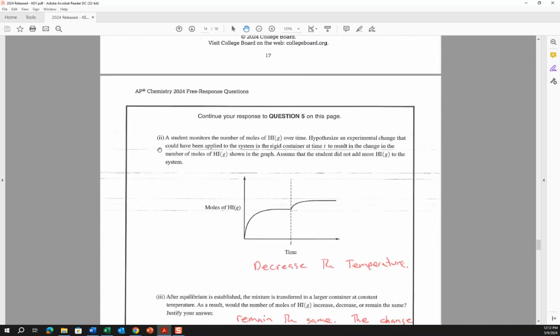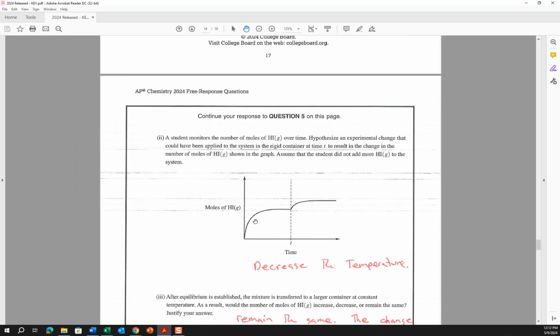All right, and then part 2 here is basically a Le Chatelier's principle question. They want us to change something that would give us more HI.